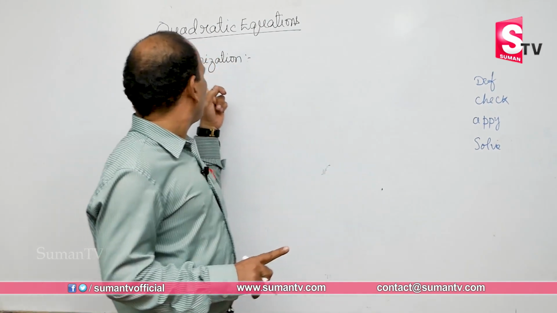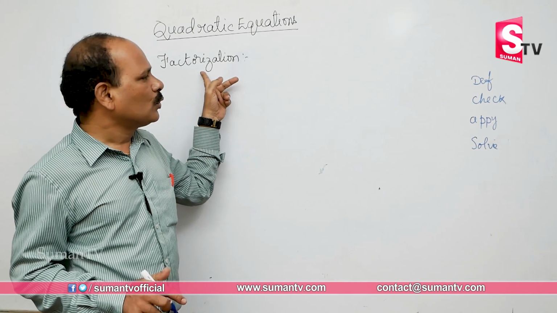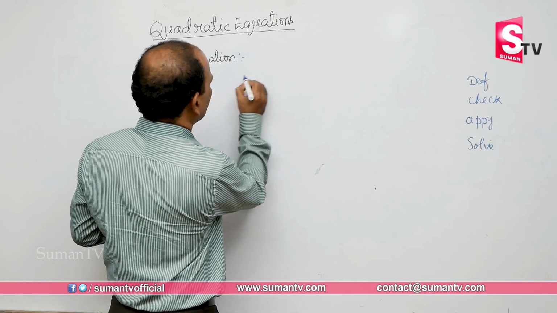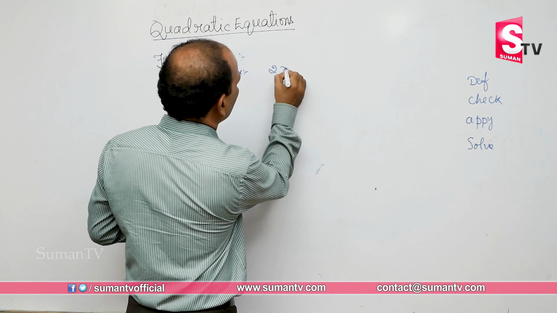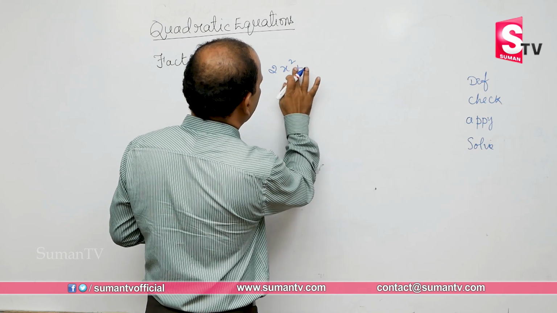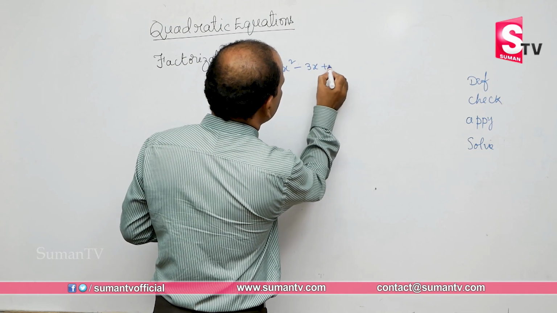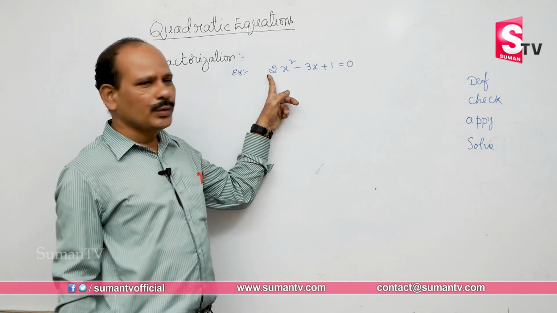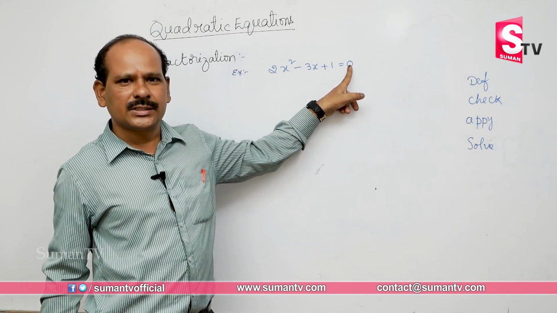Now I am going to explain how to solve a quadratic equation by using the factorization method. Let us say one example problem: 2x square minus 3x plus 1 is equal to 0.